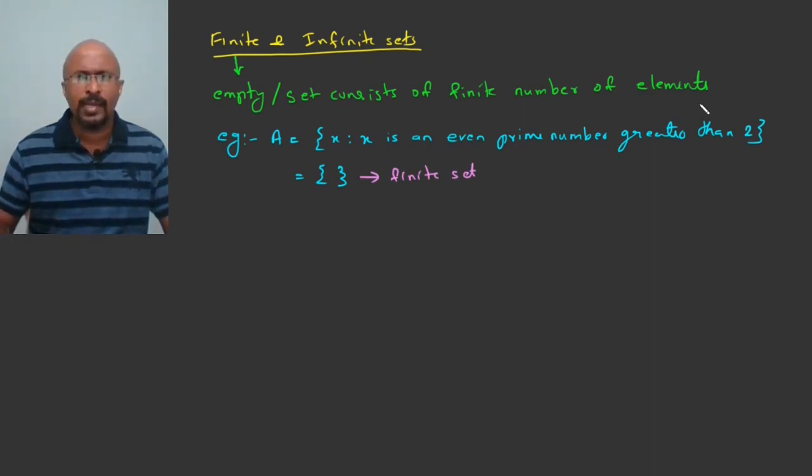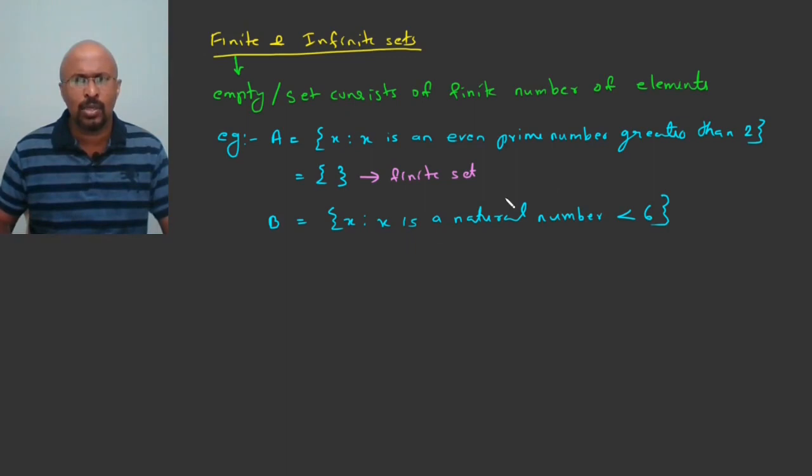Now, can you write an example of a set that consists of a finite number of elements? Yes, we can write here. It is set B is equal to the set of all x such that x is a natural number less than 6. So, what are natural numbers? The whole numbers greater than 0. So, this consists of 1, 2, 3, 4 and 5.